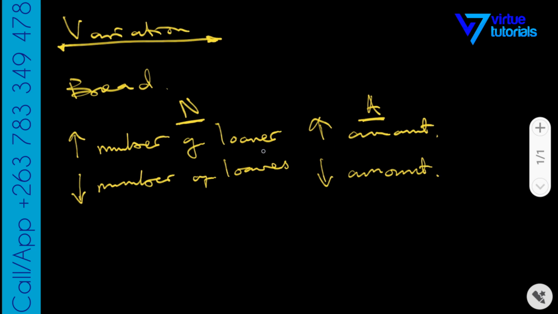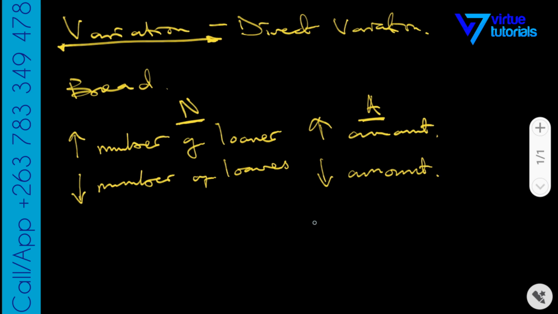So this sort of relationship is known as direct variation. Okay, direct variation. Direct variation is a relationship between two variables such that if you increase one, the other one increases, and if you decrease one, the other one also decreases, right?